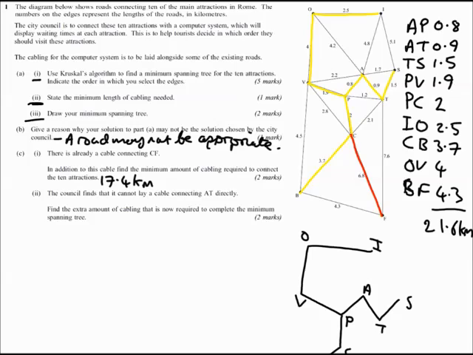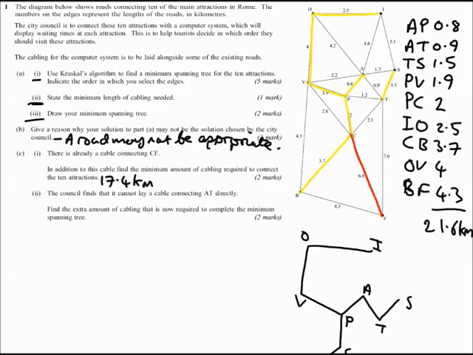C part 2. The council finds it cannot lay a cable connecting A to T directly. So we can't have that. So in order to make it a minimum spanning tree, we need to connect our T to S onto our tree. What are our options? We can't have A to T, so we could connect up A to S, which is 1.7, or we could connect up P to T, which is 1.2.